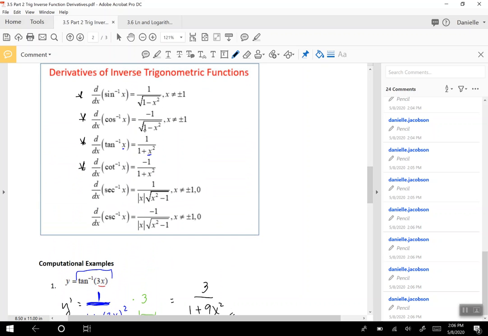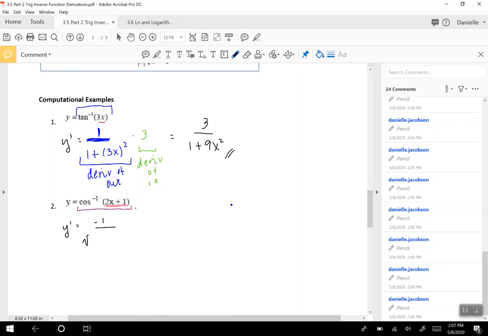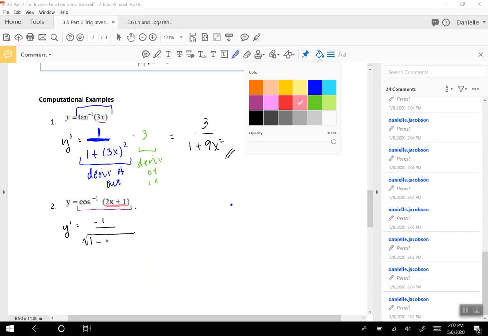So I have a root 1 minus x squared, but now since I don't just have an x on the inside, I have to fill my inside back in. So I have root of 1 minus, this is where the inside piece comes in, so the inside squared, right? And I see my inside piece is the 2x plus 1, so that's what I'm going to fill in on the inside.